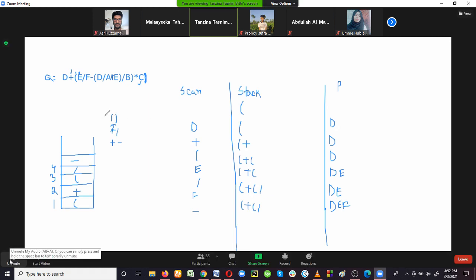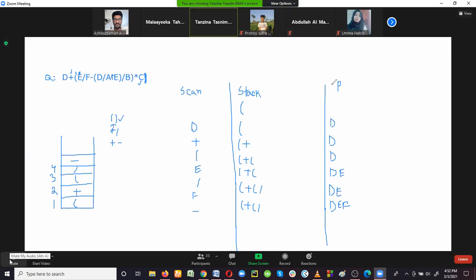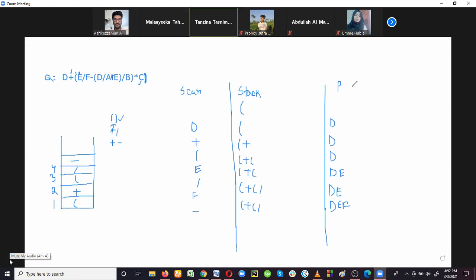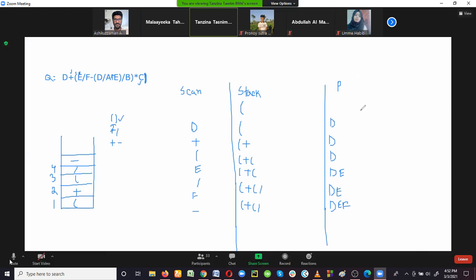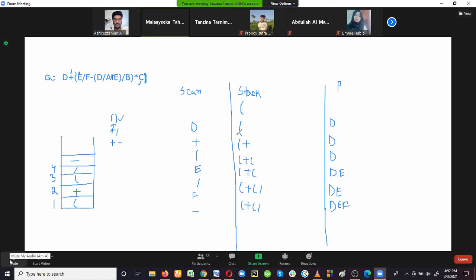Your question is that parenthesis has the highest precedence level, so how can we add plus, right? Yes, ma'am. But we are not considering the parenthesis as an operator here, because when we are converting this infix into postfix, we will not accept any parenthesis. We will not add any parenthesis in the postfix notation. We are just adding them to the stack. Is that clear? Yes, ma'am.